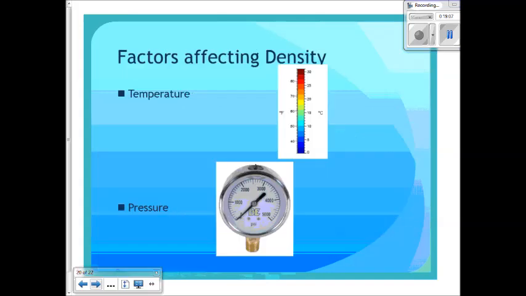A couple other quick things, realizing that density is affected by temperature. Temperature makes the particles move faster, so they spread out a little bit more, so usually they're less dense if there's a higher temperature. Also pressure, being put under lots of pressure makes it more compact. So pressure and temperature do affect the densities of substances. Keep that in mind.